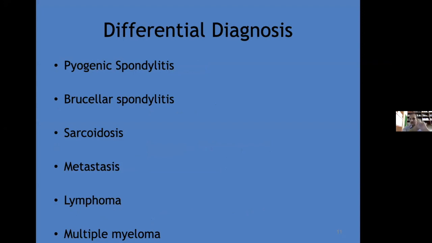So you have pyogenic spondylitis. So typically you have an immunocompromised or a diabetic patient suffering from staphylococcal spondylitis. 10% of these patients would be having pyogenic spondylitis. So you need to diagnose that. Second is brucellar spondylitis, not very common, sarcoidosis, metastasis, lymphoma and multiple myeloma.